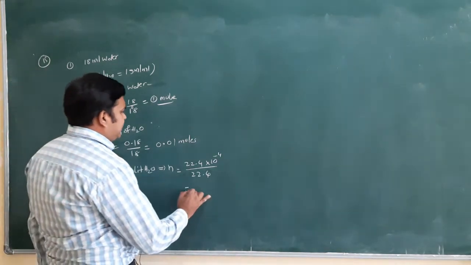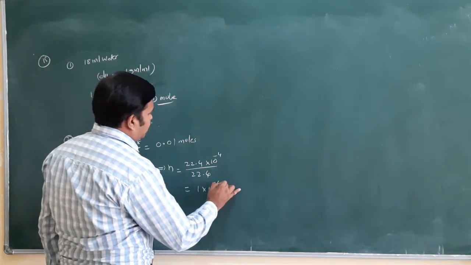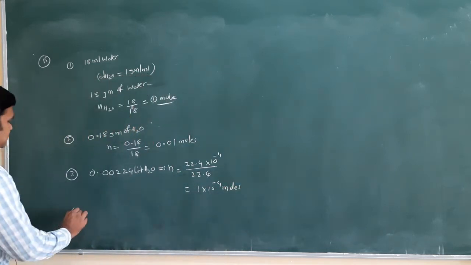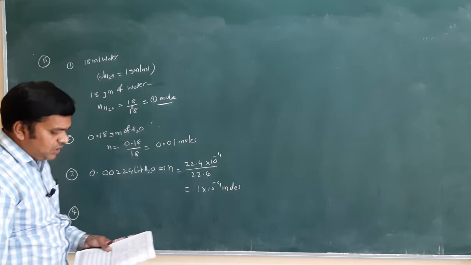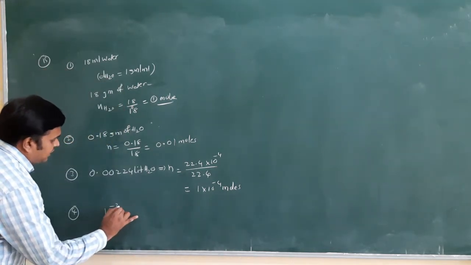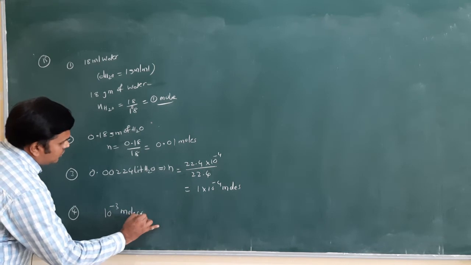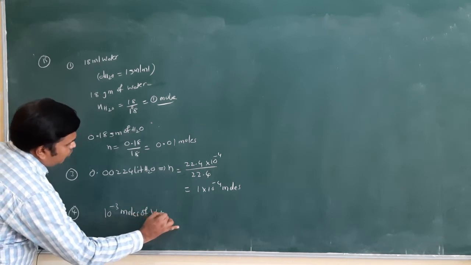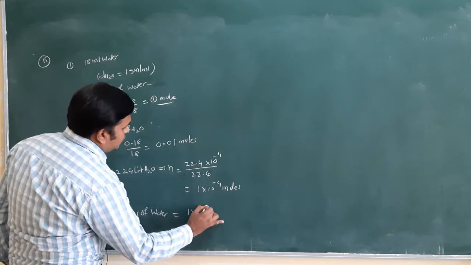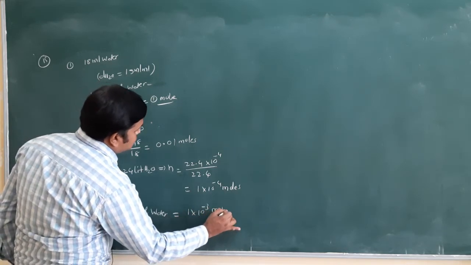Then you will get 1 into 10 power minus 4 moles. See the fourth option we have, 10 power minus 3 moles of water. Moles is directly given, so we can directly write it is 1 into 10 power minus 3 moles only.